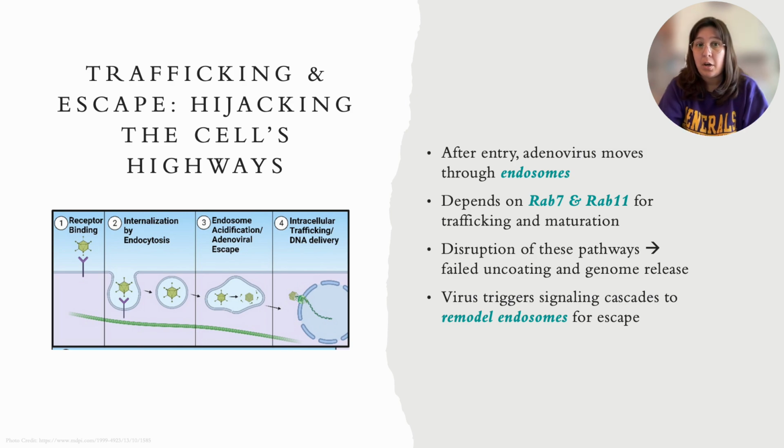If these proteins are disrupted, the virus gets stuck and can't uncoat or release its genome. What's amazing is that the adenovirus even triggers signal cascades to remodel the endosomes, basically punching its way out. This shows how viruses exploit the cell's transport machinery for their own survival.